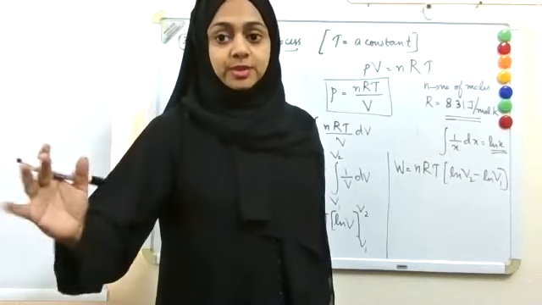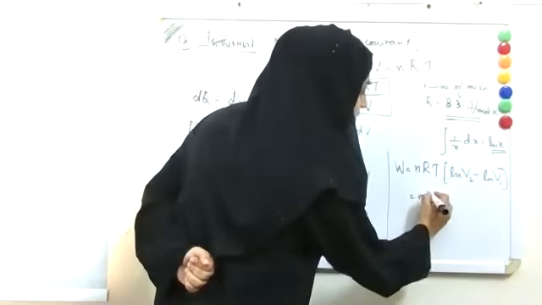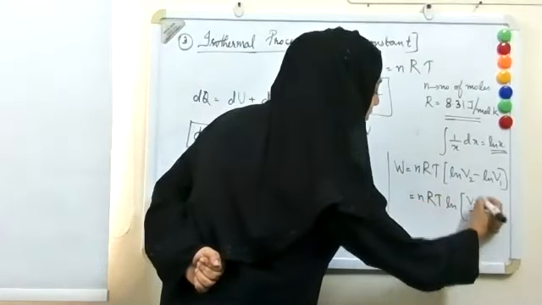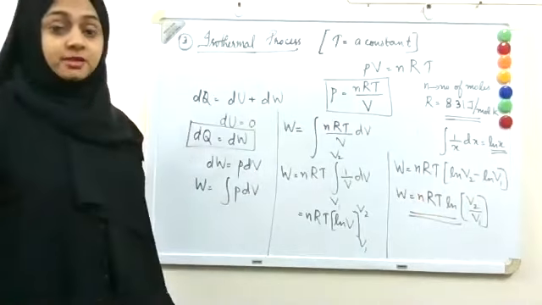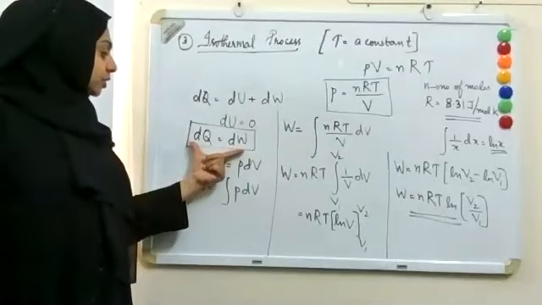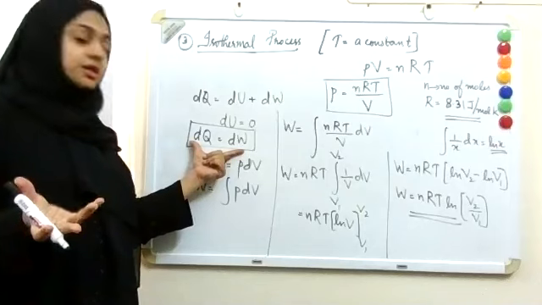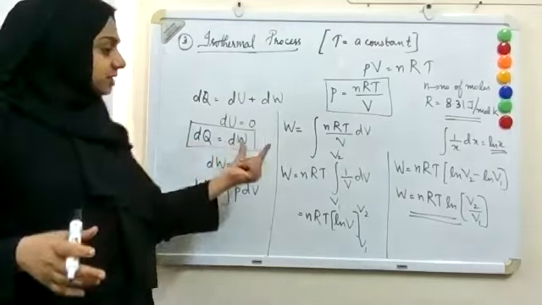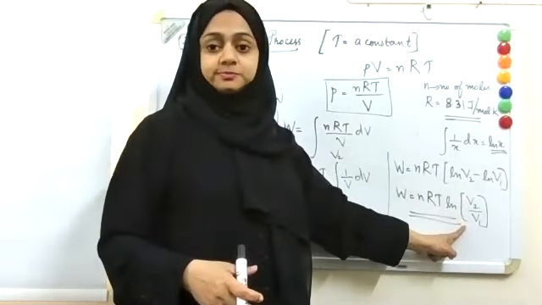Log A minus log B is log of A by B. So I am writing that also: nRT times log of V2 by V1. So this is the expression for the work done. In an isothermal process, we found that the heat energy given to a system will be completely used to do work theoretically, and this work done is given by nRT log V2 by V1.